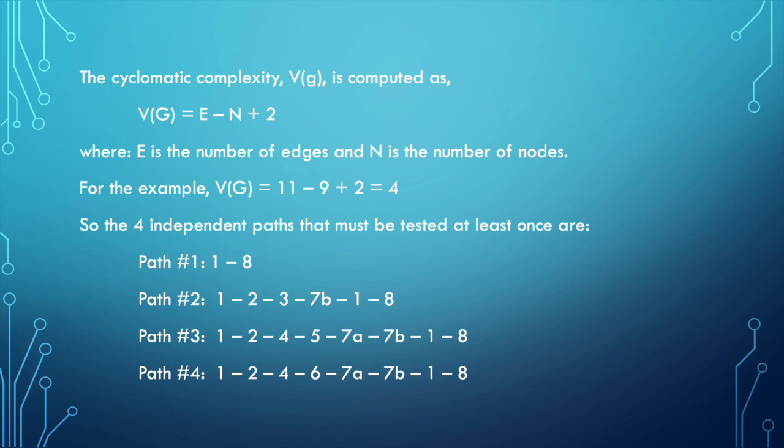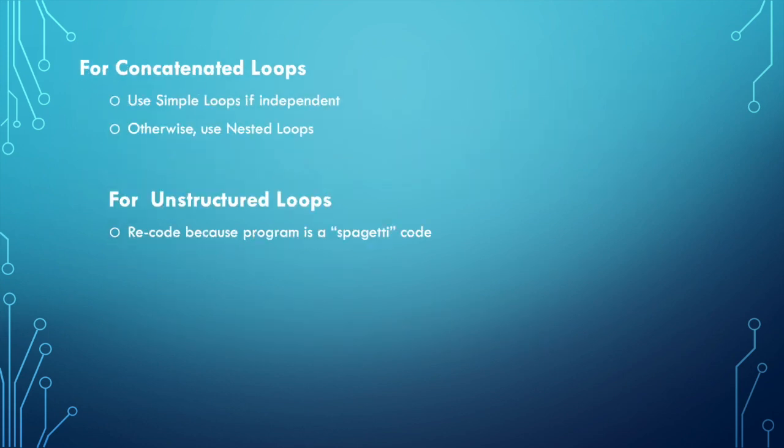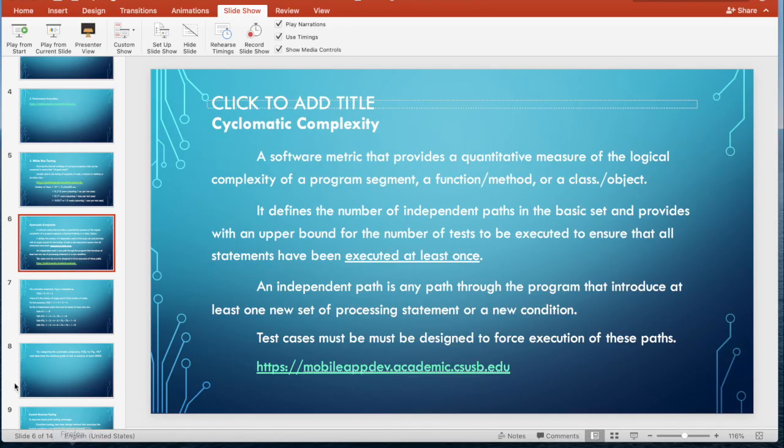So here, you're going to determine the number of paths that you should try in order to be able to test, select test cases that, okay, I lost my cursor again. It's getting really annoying.